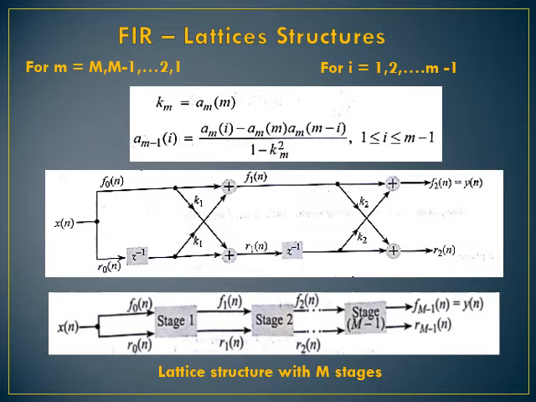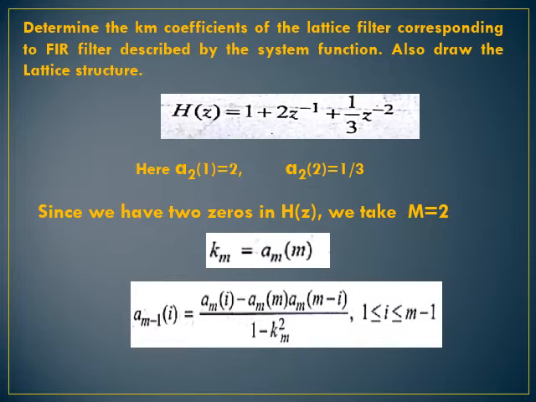Right. So let's start with the problem. Let's start with an example. Determine the Km coefficients of the lattice corresponding to the FIR filter described by the system function and also draw the lattice structure. So this is the transfer function. H of z is equal to 1 plus 2 z to the minus 1 plus 1 by 3 z to the minus 2.